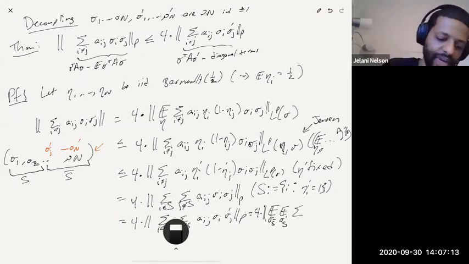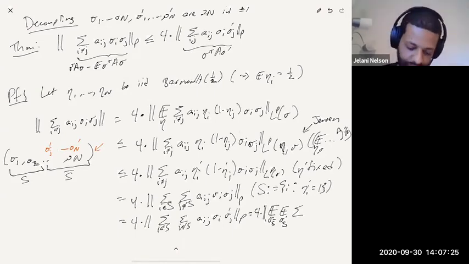Here, actually, I'm going to write all ij. I don't need to remove the diagonal. Of the sum over all ij of aij sigma I sigma j prime.